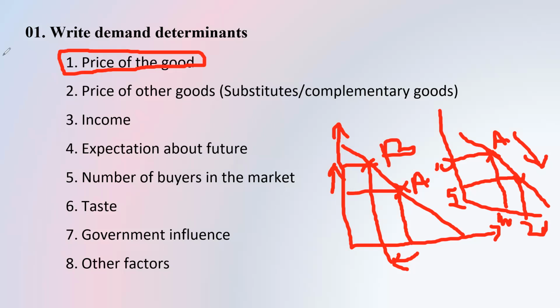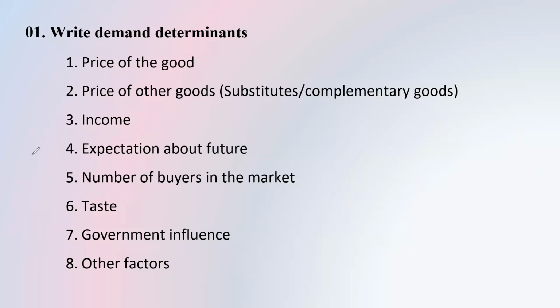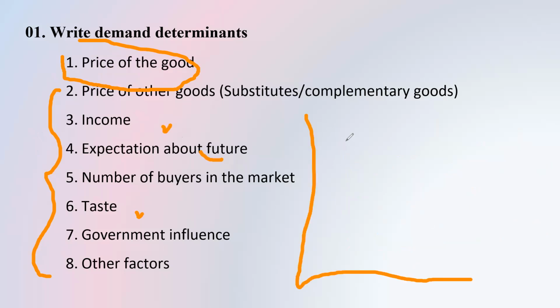Other than the price, if there's a change of any other factor, maybe the taste, maybe the income, maybe the future expectation, what will happen? The whole curve may shift to the right hand side or left hand side.